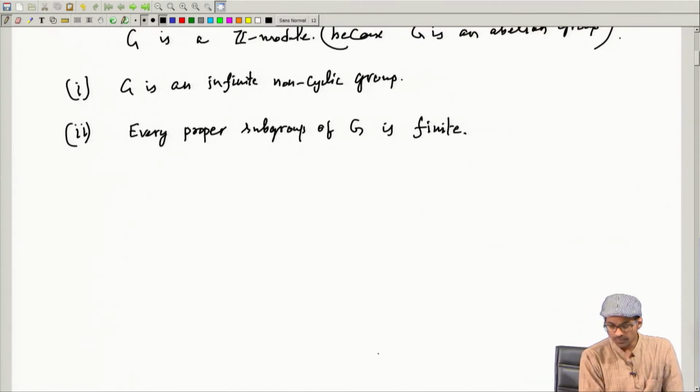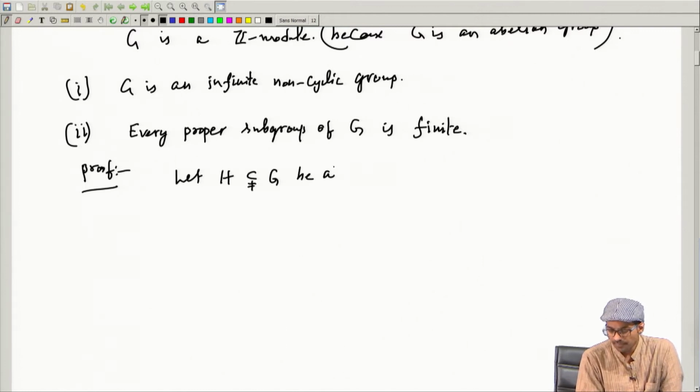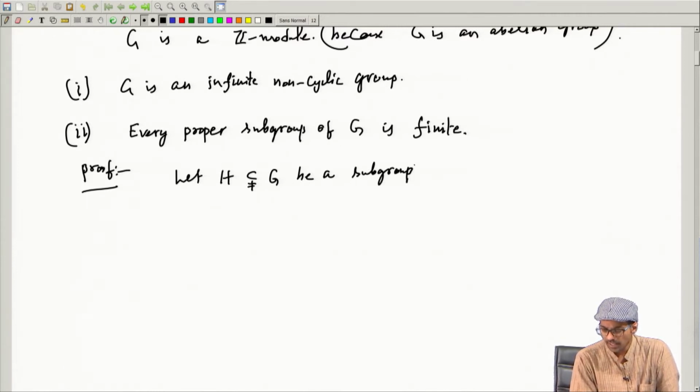So, now let me prove this. Let H strictly contained in G be a subgroup, or Z-submodule. It is the same structure, okay.